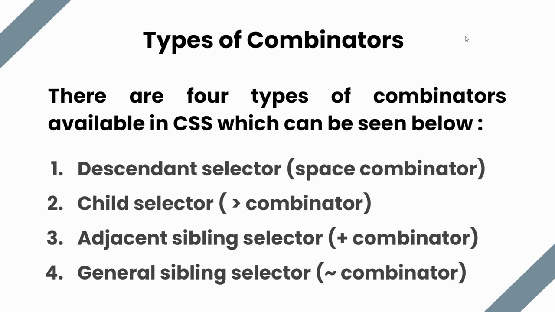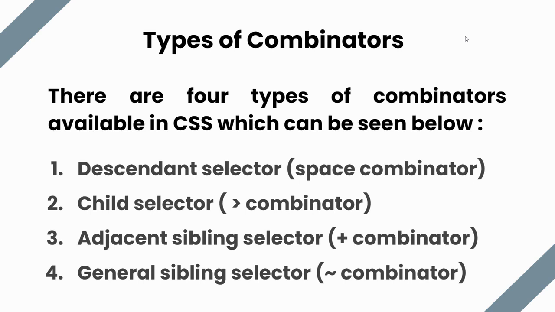The next selector we have is the child selector, which uses the greater than combinator. Next, we have the adjacent sibling selector, which makes use of the addition combinator. And lastly, we have the general sibling selector, which makes use of the tilde combinator.